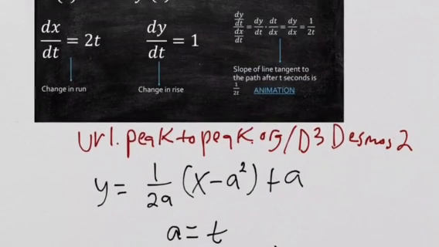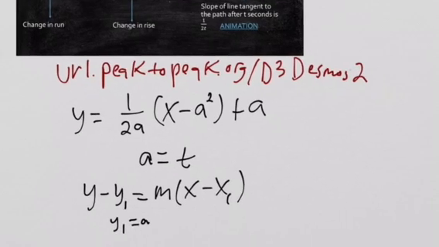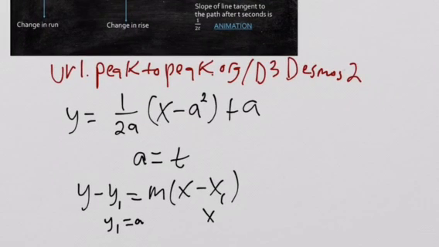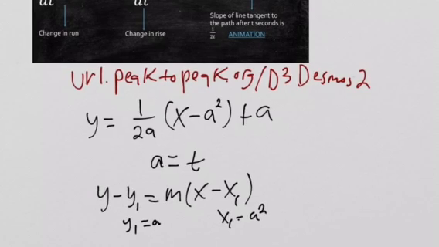How is x determined? x is determined by t squared. So in our line here, x1 is going to be a squared. And then how is m determined? m is determined by 1 over 2t. So our m value is just 1 over 2a. And then all we did is we added this a over to the other side, right? The y1 is minus a. We added it over here and got plus a.